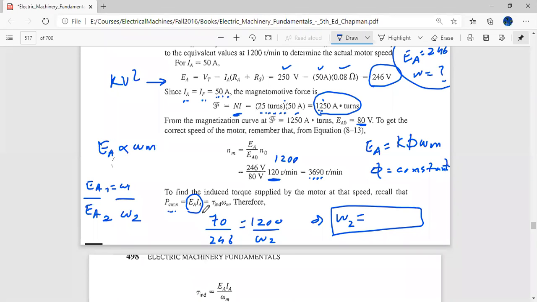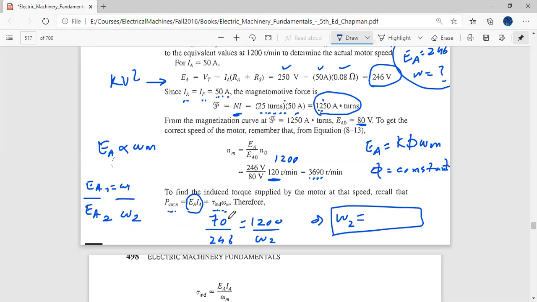When you supply it with the electrical energy, there will be some electrical losses and core losses, and after that the energy in the armature will be equal to the product of EA and IA. That is always termed as P converted in the DC motors, and it is also equal to its mechanical counterpart, which is tau induced times omega m.